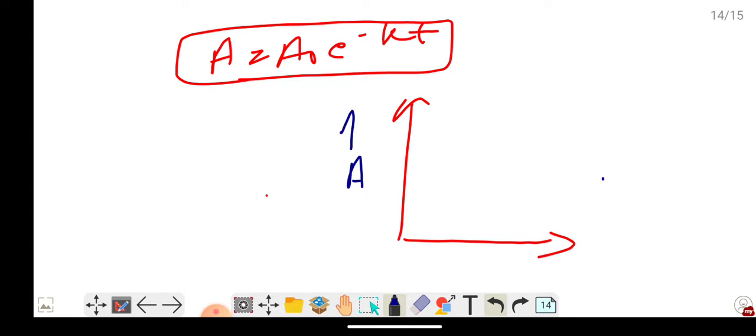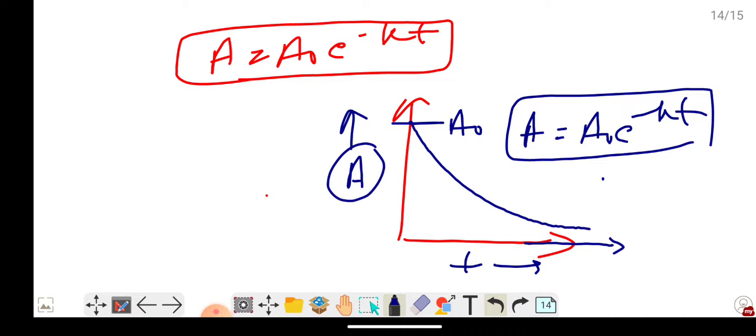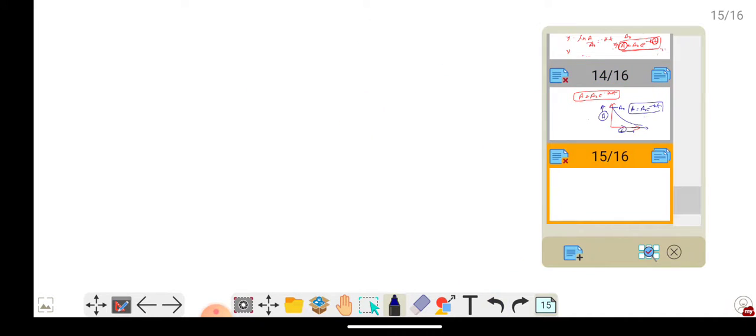Here the concentration of reactant and here time. So the graph is like this, and it is not touching the time axis, and here it is A naught. It is following the equation A is equal to A naught e to the power minus Kt. So this is the graph between the concentration of reactant and time.